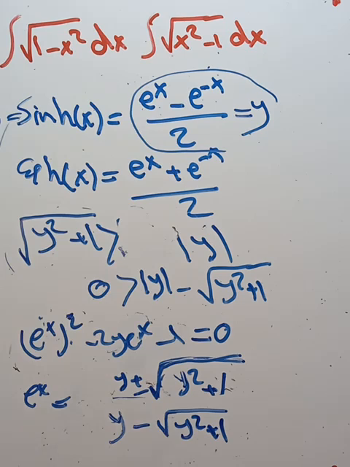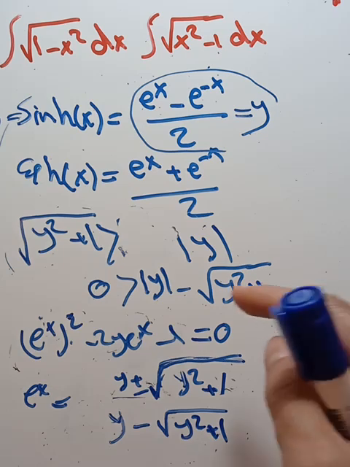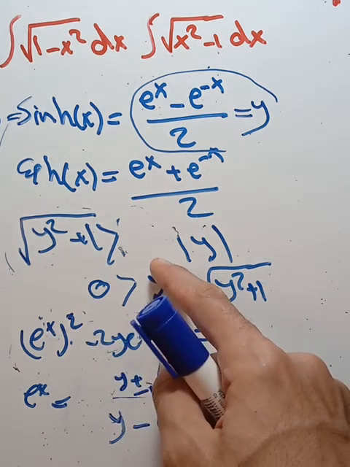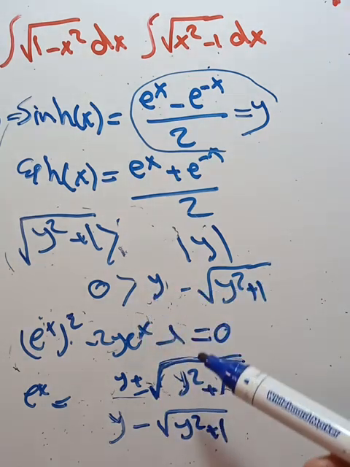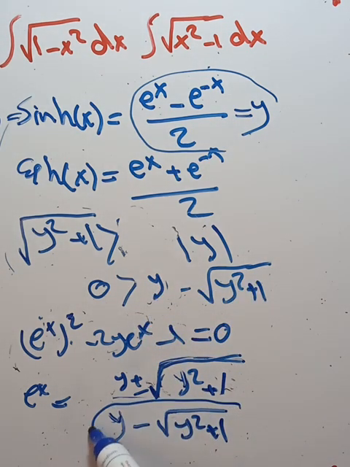Okay, now if y is positive, then this minus this would be smaller than 0, but it is equal to e to the x, which is always positive. Right?